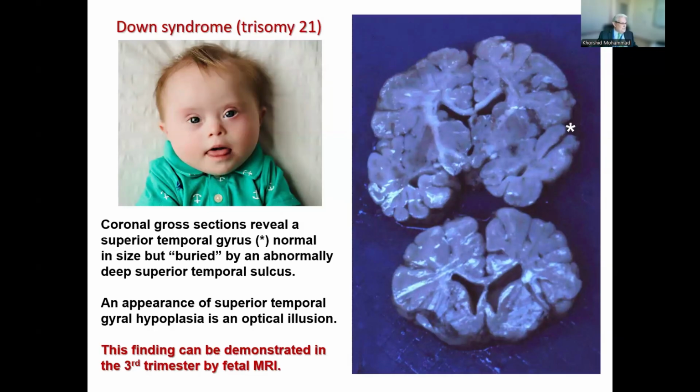When you look at it on the surface, it looks like it's small, but actually it's not small. So that's sort of an optical illusion that you should be aware of. In some cases, perhaps it is hypoplastic, but in the cases I've seen, it's really just the sulcus that's abnormal and not the gyrus.